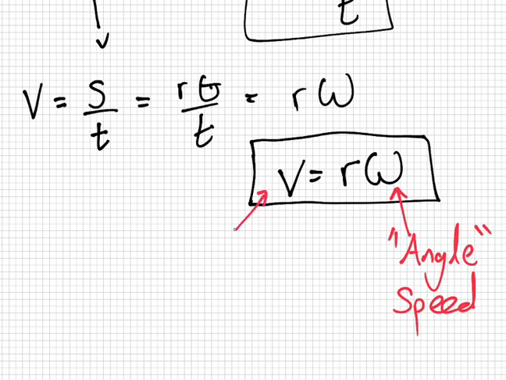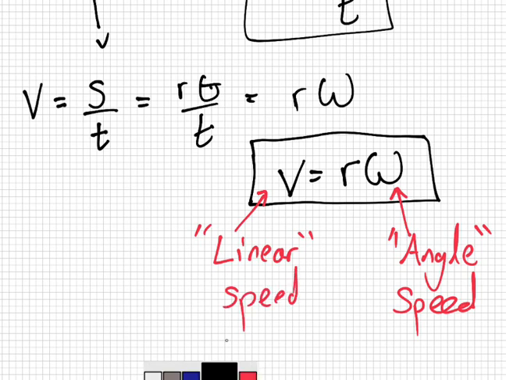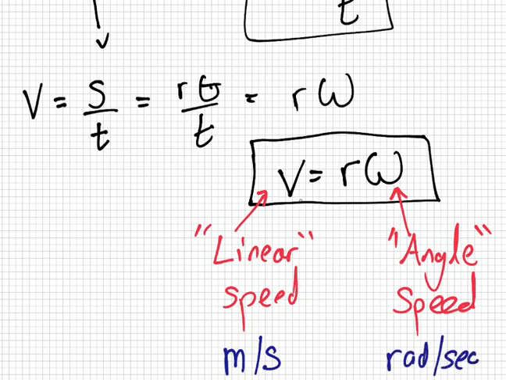But this is the normal speed, the speed we have done in the past, which we call the linear speed. So what unit do we have for linear speed? Well, that's meters per second, isn't it? And what do you think the unit is for angular speed? Radians per second. So we can easily convert between the two by multiplying by the radius. So now we have three formulas.